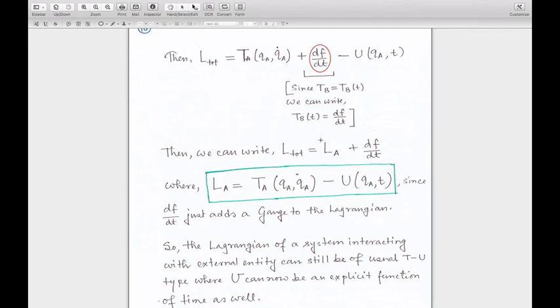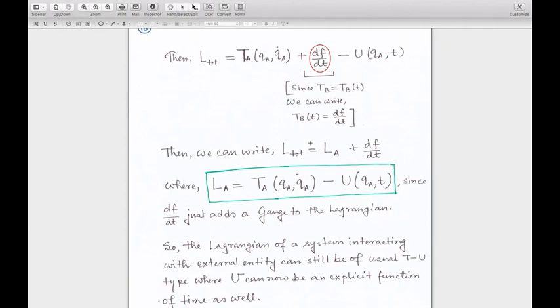So LA, which can now be thought of as the Lagrangian of the system A, is nothing but L tot, but with every B system variable, that means QB and QB dots, written in terms of time.